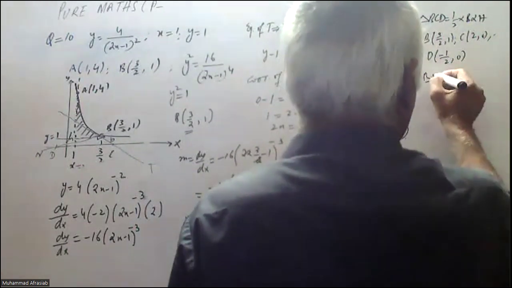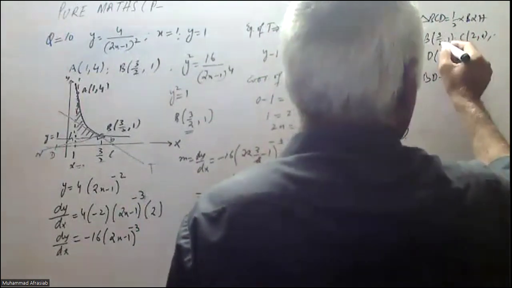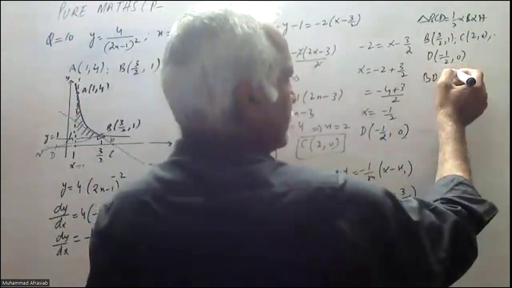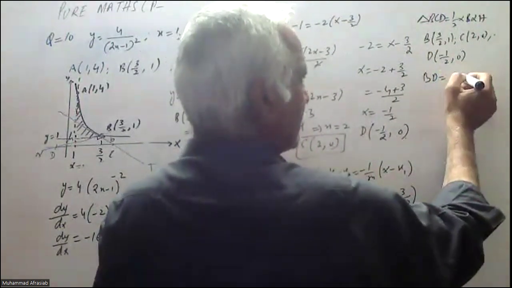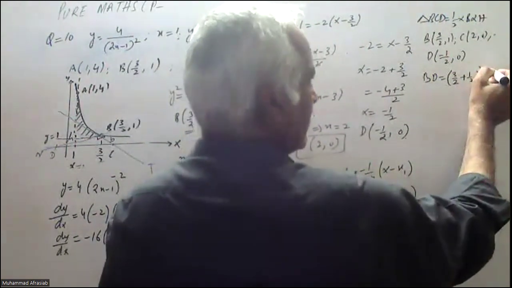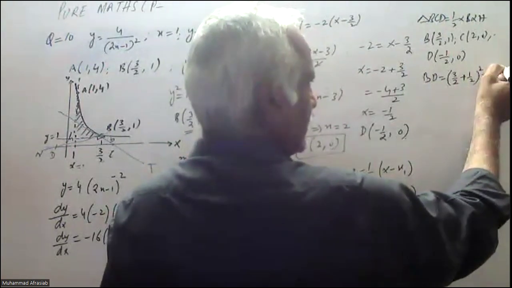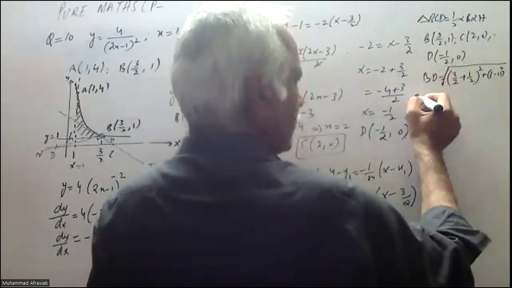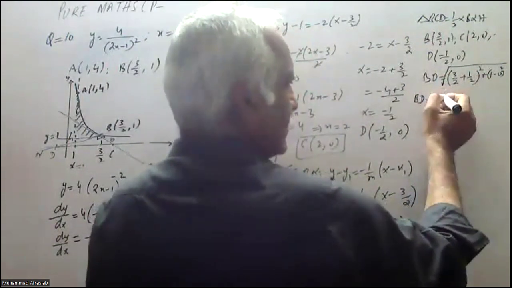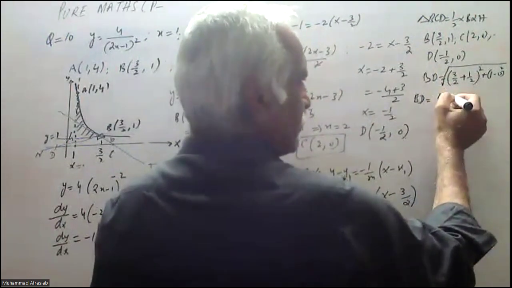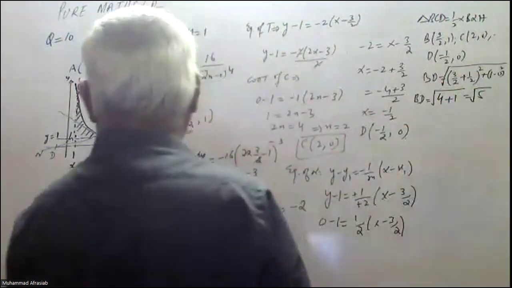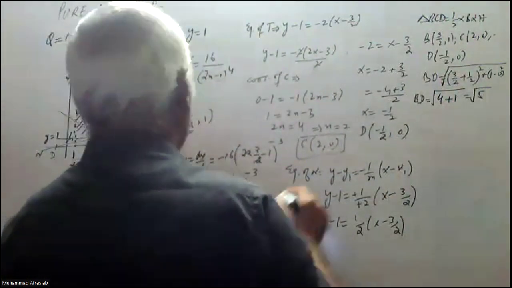So BD will be equal to the square root of (3 by 2 plus 1 by 2) whole square plus (1 minus 0) square. So BD will be equal to 3 plus 1, 4 over 2, 2 square is 4, plus 1, or that thing is equal to root 5. Then you are going to get the value of BC.